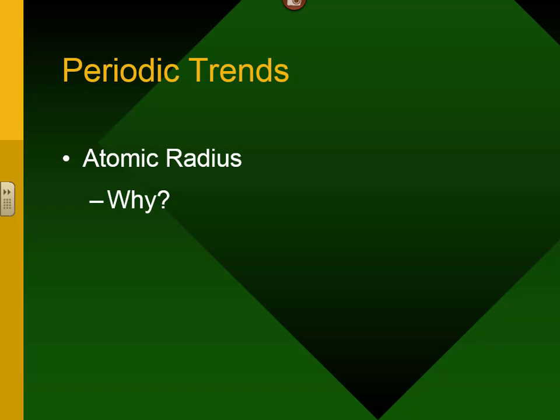3. You should know from our electron chapter that every time you go down a row, you add an energy level. Carbon would end with 2, phosphorus would end with 3, arsenic would end with 4. Every time you go down a row, you add an energy level. And if you're adding energy levels, what happens to the size of your atom? It's bigger.